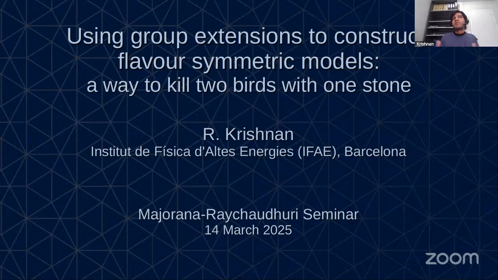So theorists could come up with models which would give results that would match with the experimental results. But over time, currently, the neutrino masses and neutrino mixing observables are measured with a lot of precision, and it's very difficult to actually construct a model to match with these. So this is the second bird I'm talking about.